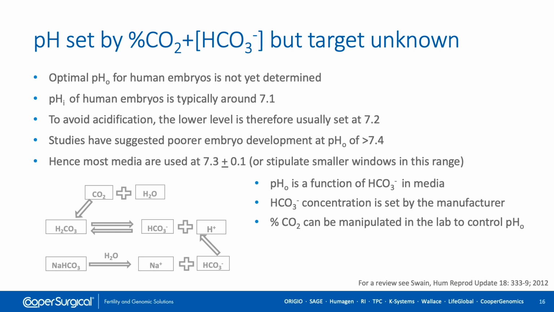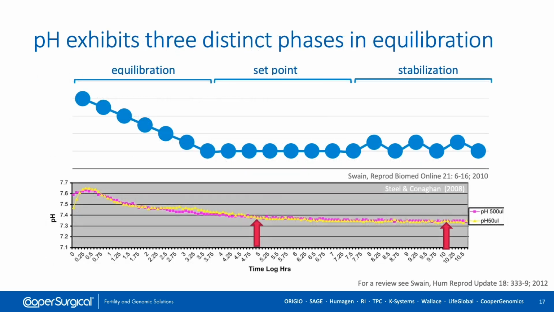And this is a question often asked, what should I set my CO2 concentration to be to give the correct pH within the media? One of the things we need to bear in mind, though, is that when you're measuring pH and when you're getting your dishes ready for culture of embryos, you need to give them enough time for the dishes and the media to reach equilibrium.